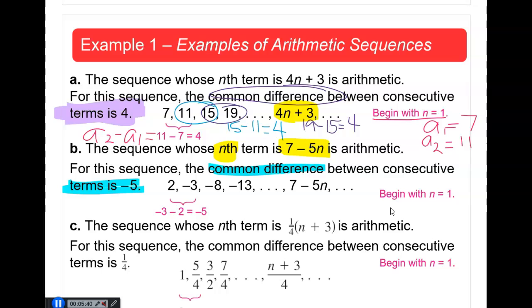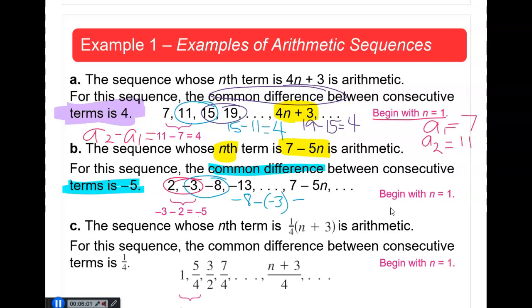Let's see if this is true. If you subtract the second term minus the first, it will be negative 3 minus 2, which is negative 5. Now let's try it with the third. So negative 8 minus negative 3.